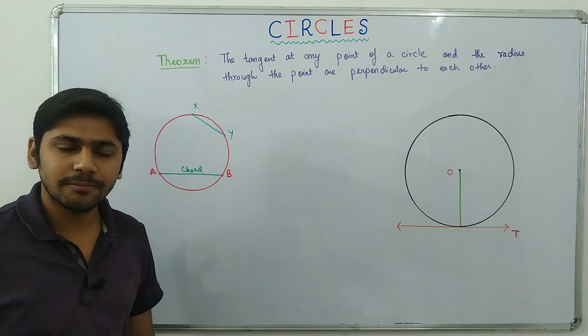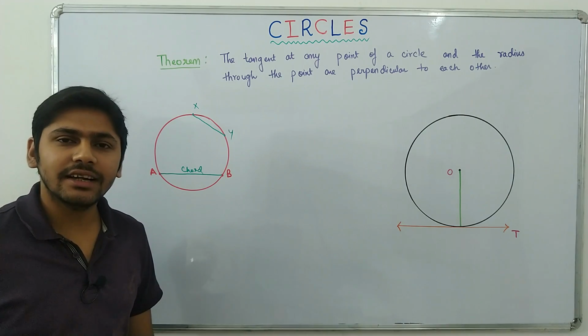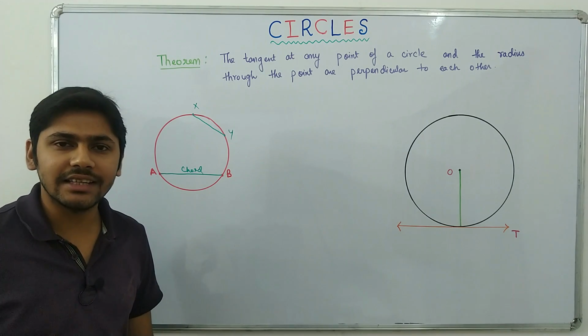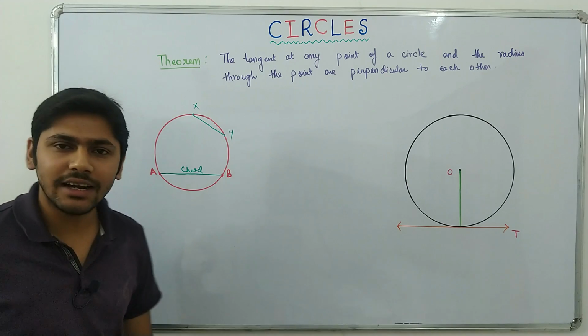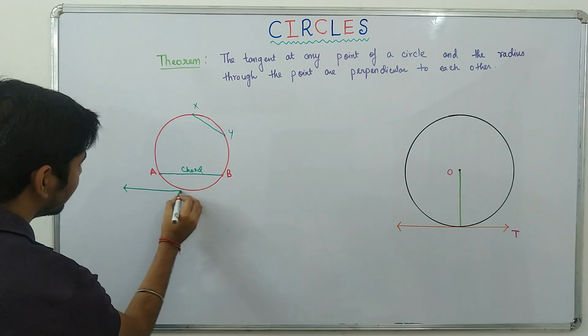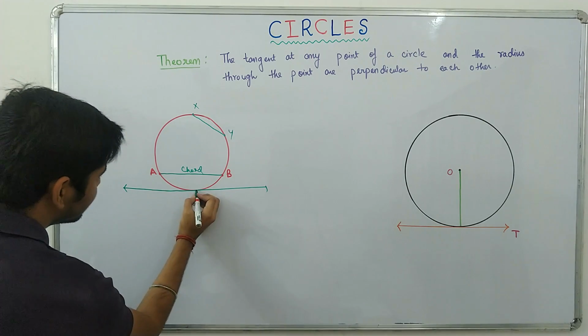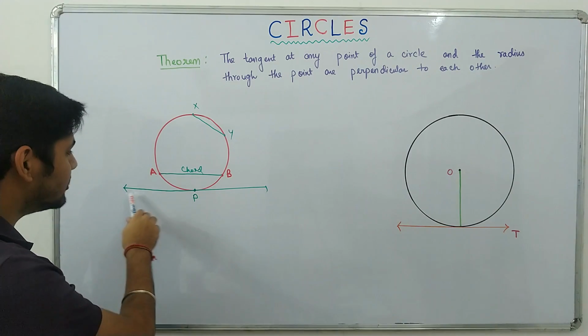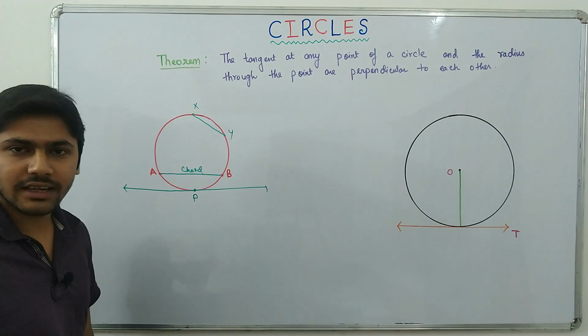Now what is a tangent? A straight line that touches a circle at only a single point is called a tangent to the circle. Say we have a straight line like this that touches the circle at only a single point, say P. Then this straight line is a tangent to the circle.